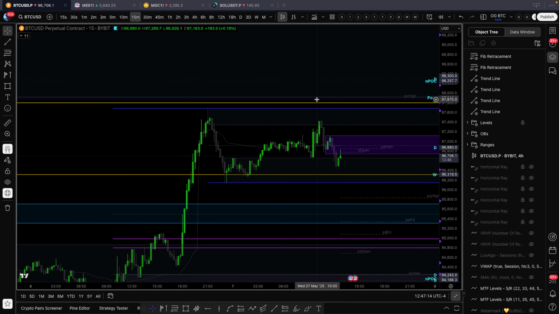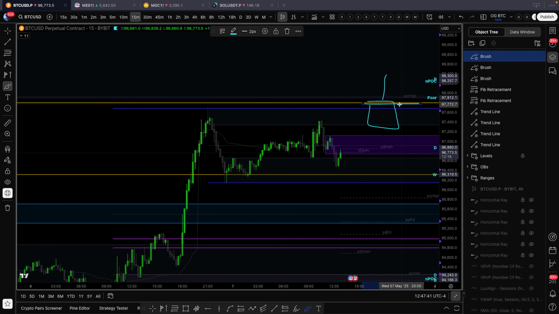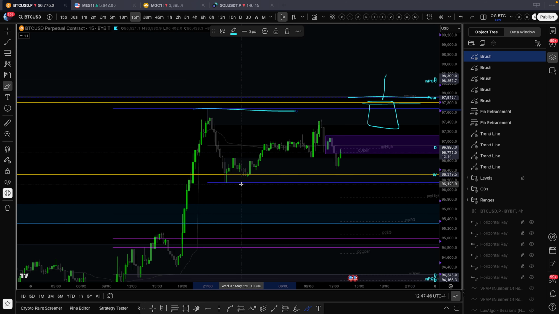Something else I want to point out is with SFP this area, we might want to see that wick come all the way into this daily and then close back below. If we get that, that's going to be a short all day long for me. So what I would want to see there, again, is a candle like this, but a wick come all the way up and hit these two levels, yet close either below the previous week high or below this local high.